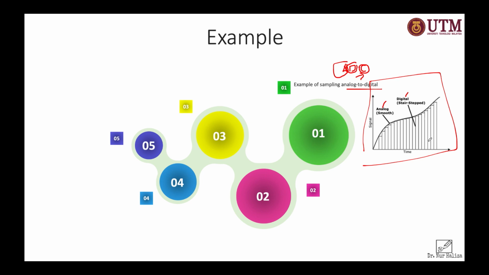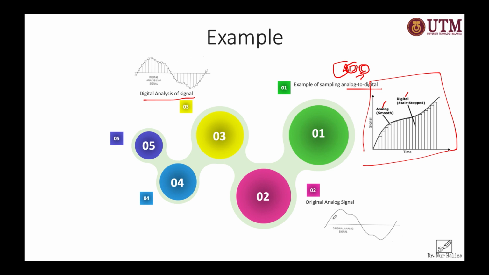Now the next step, you're going to do the first step of sampling. Over here, this is the original analog signal, the example of the original analog signal. What you're going to do is the digital analysis of the signal.